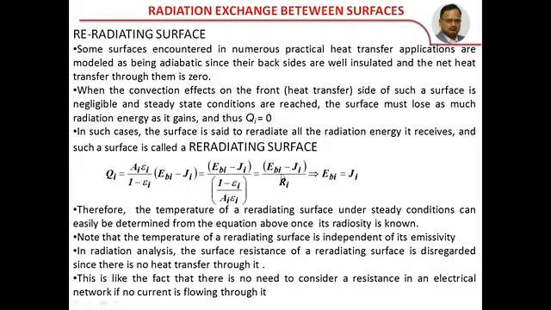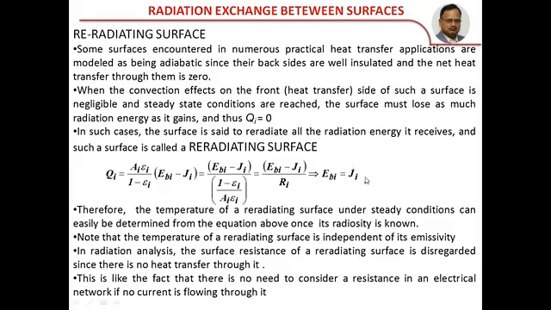Q I, as we have seen, is E B I minus J I by R I, and when it is a re-radiating surface, E B I is equal to J I. Therefore, the temperature of a re-radiating surface under steady conditions can easily be determined from the above once its radiosity is known.